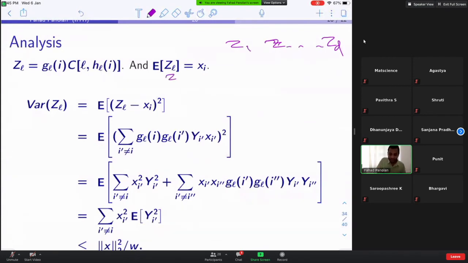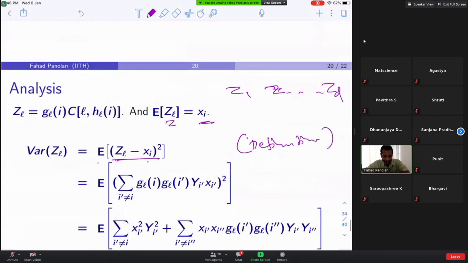So what is the random variable here? Our estimator is actually ZL, for a fixed L. And I want to talk about the variance of ZL. What is the variance of ZL? By definition, it is the expected value of ZL minus expectation of ZL, whole square. Expectation of ZL is Xi.